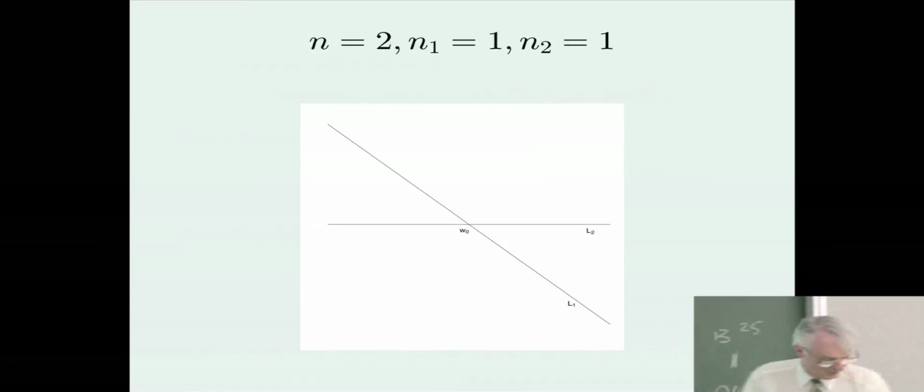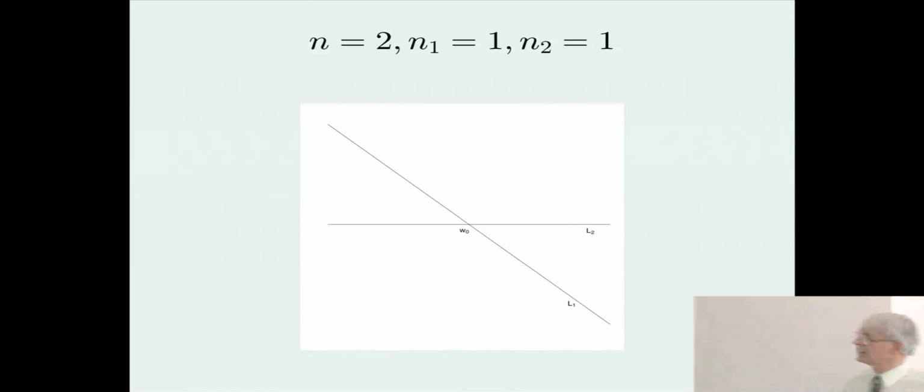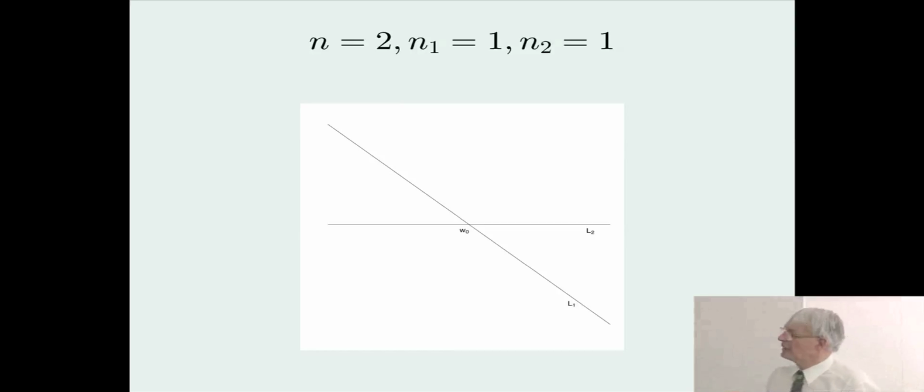So let's have an example. N, the big space, is going to be 2. N1 is 1 and N2 is 1. So let us start with this line. So we're in two-dimensional space. This is the space where the weight vectors live.